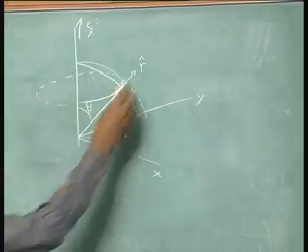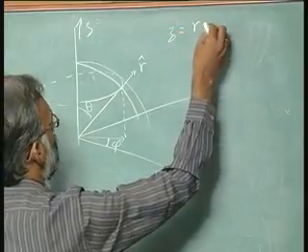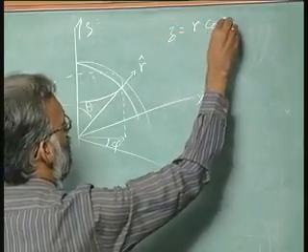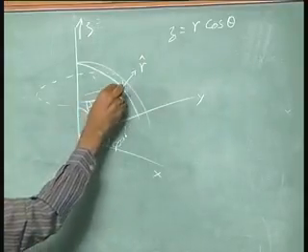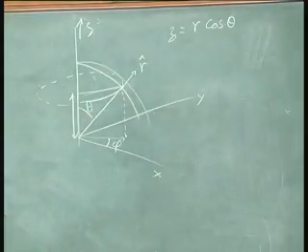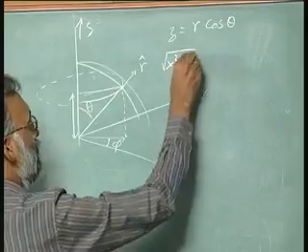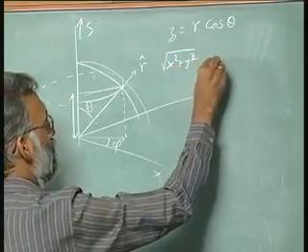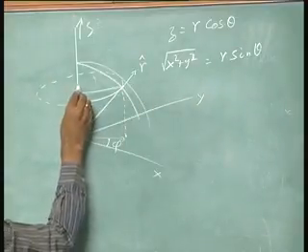So, you have z is equal to r cos theta, sorry, that is, it is this height. Square root of x squared plus y squared is equal to r sin theta, that is this length.